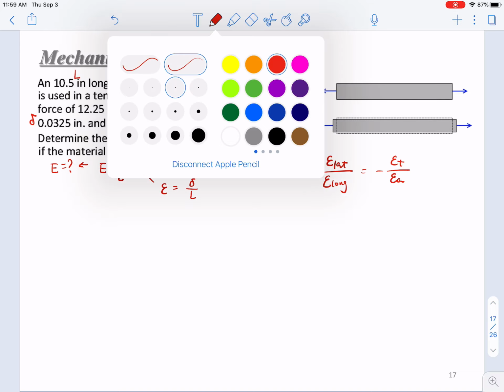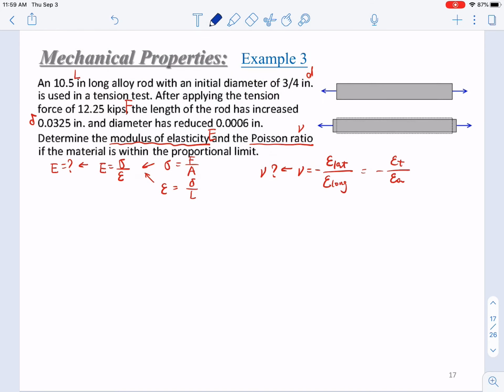So to solve the whole problem, we will have step 1, step 2, step 3, and step 4. Okay, step 1 first. We are calculating the normal stress. We need to know the F and A. What is the F?